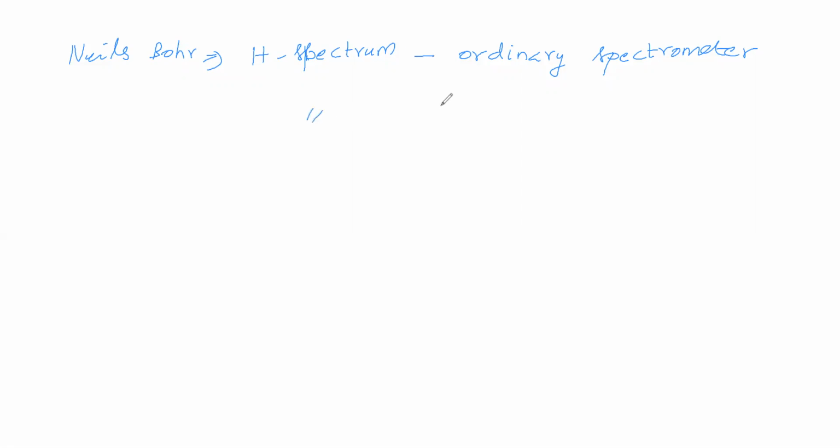When the hydrogen spectrum is obtained using a high resolving power spectrometer, Niels Bohr is unable to explain this, whereas he is able to explain the earlier one.